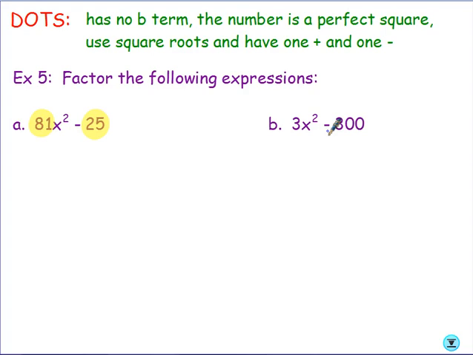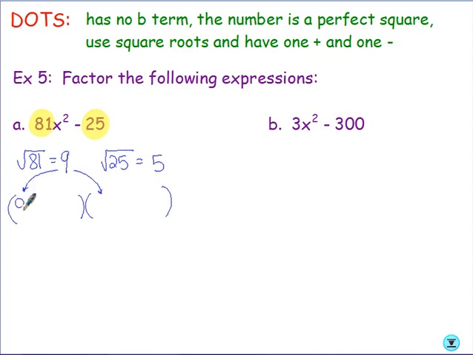Let's see, can we find the square root of 81? We can, it's 9. Can we find the square root of 25? We can, it's 5. That's the first step. Second step is the parentheses. Yes, we get to go straight to parentheses, but it's a little trickier. This first number goes in the first slots.